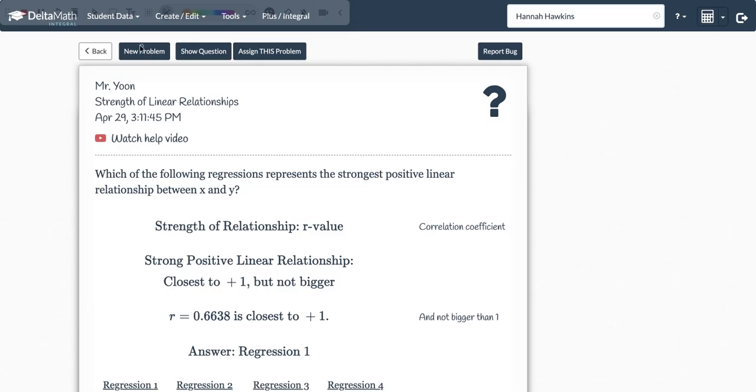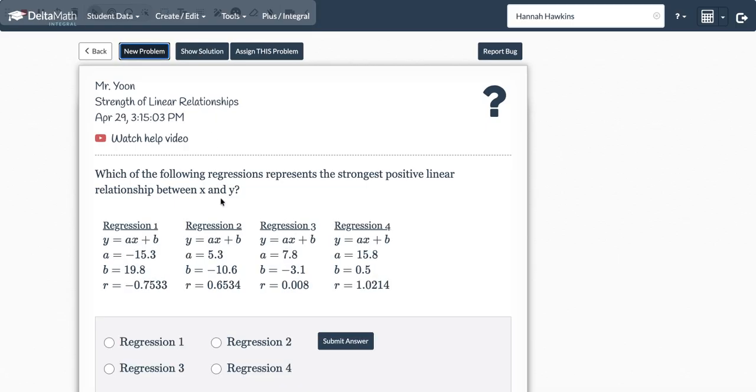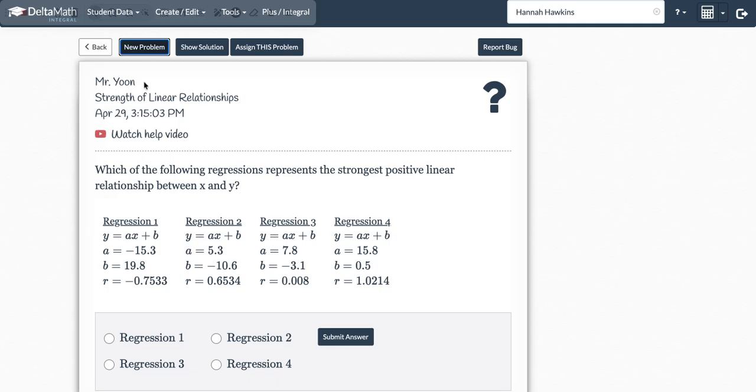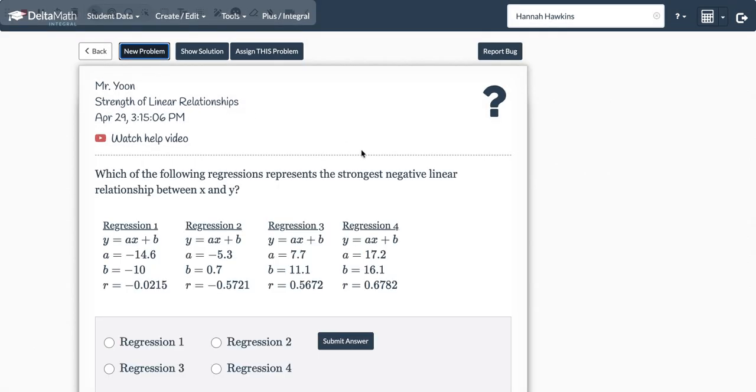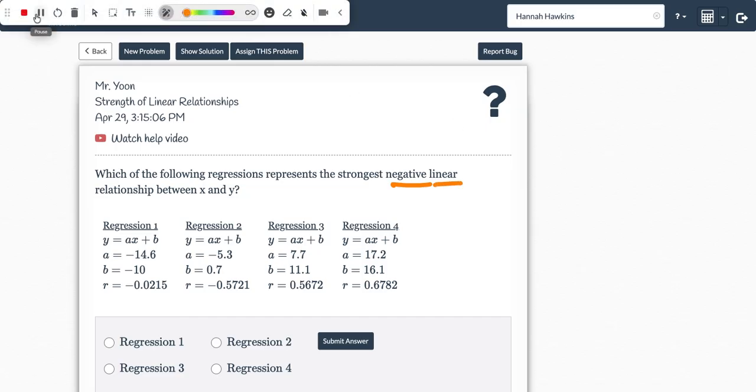Let's look at another one. Which of the following regressions represents a strong... Okay, let's try a different one that says strongest negative. First of all, we've got to find the ones that have negative linear relationships. This has a negative slope.